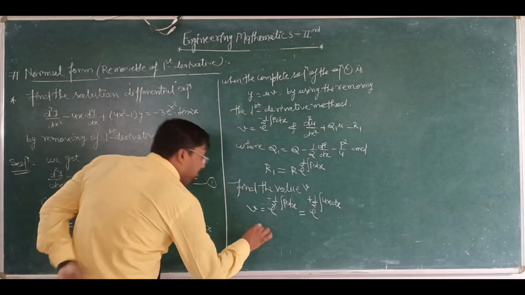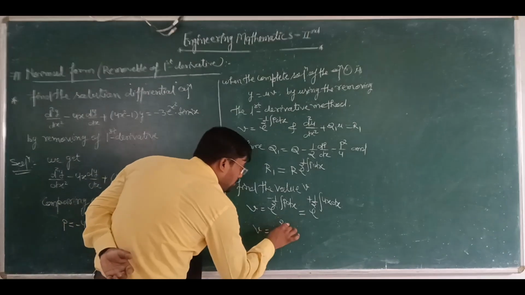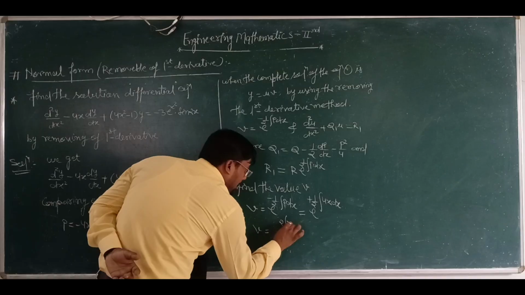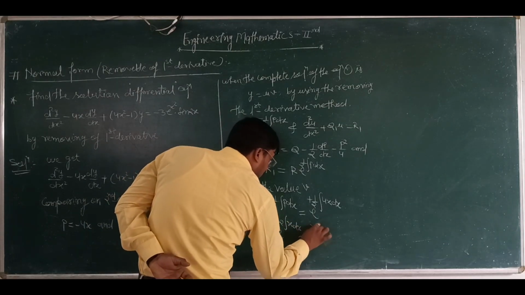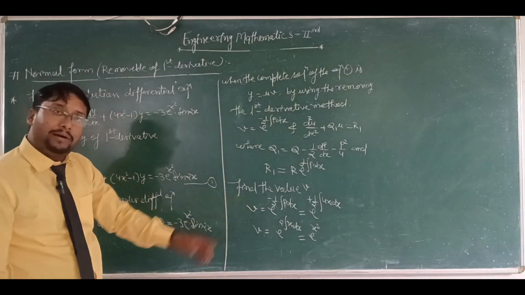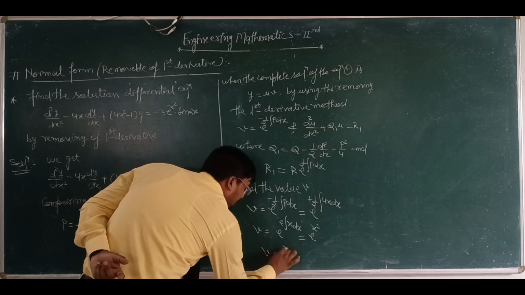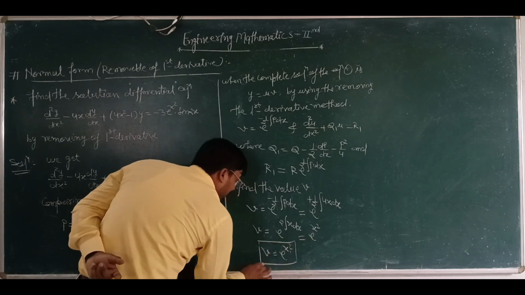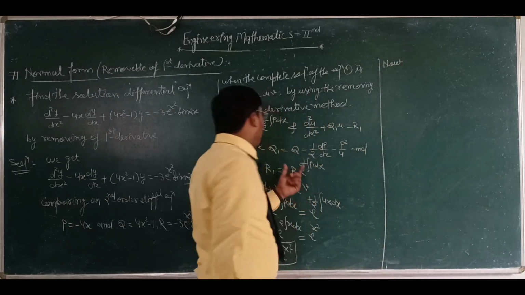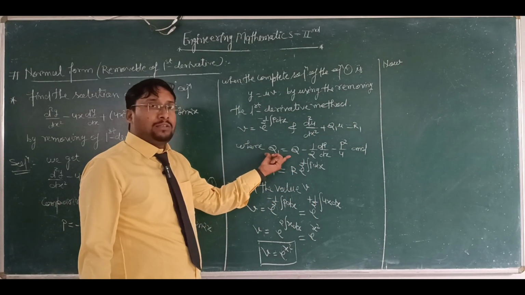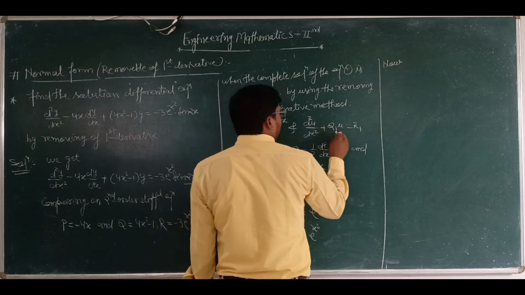Now you can write v is equal to e to the power 2 integration x dx, or you can simply write e to the power x square. This is the value of v. E to the power x square is the value of v. Now second, find out the value of q1. Find out the value of q1.